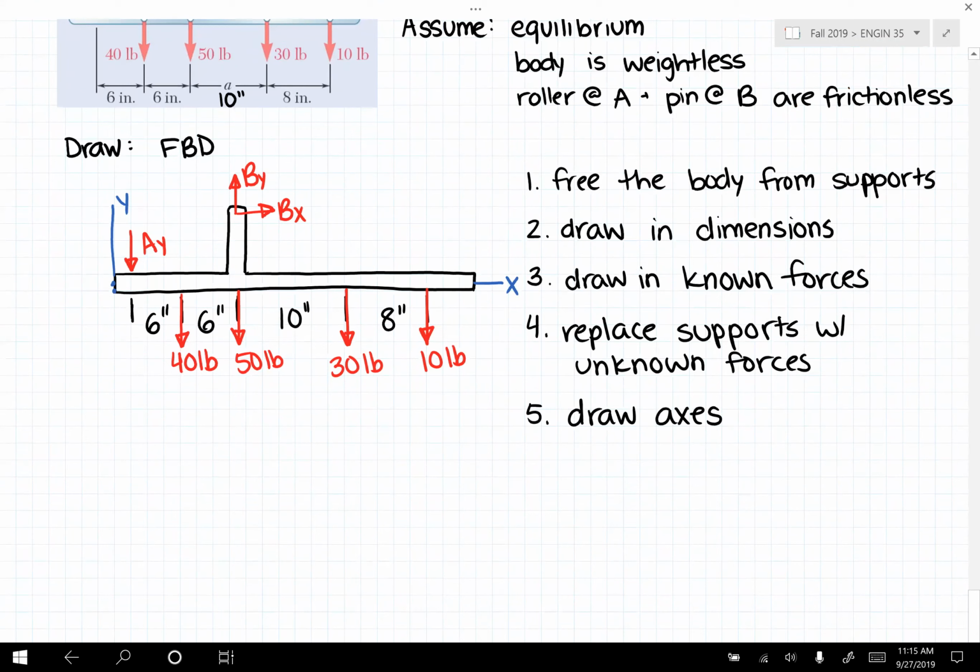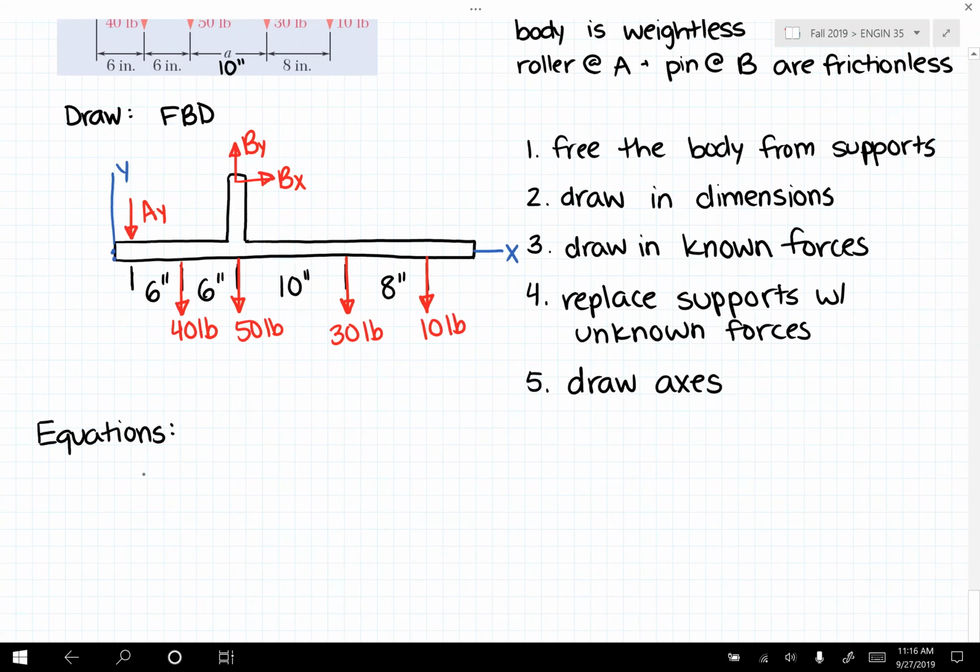Now that we have drawn our free body diagram, we are ready to write our equations. We can start with our sum of the forces in the X direction is equal to 0. And I see I only have one force in the X direction, that's Bx.